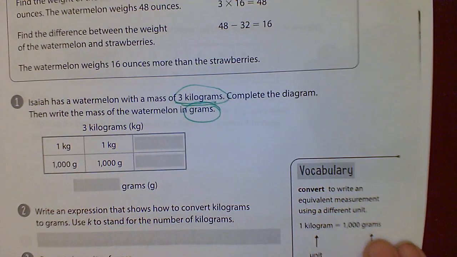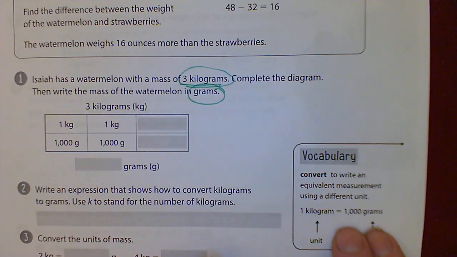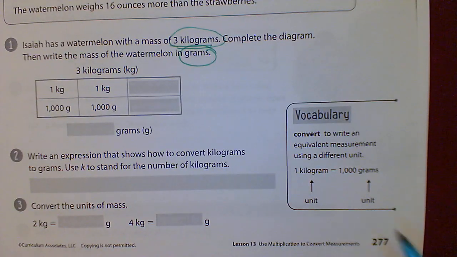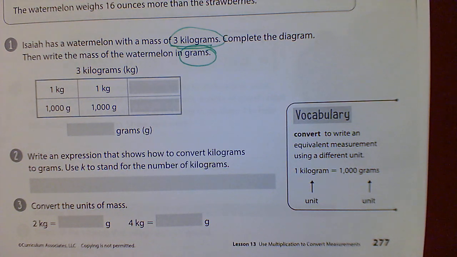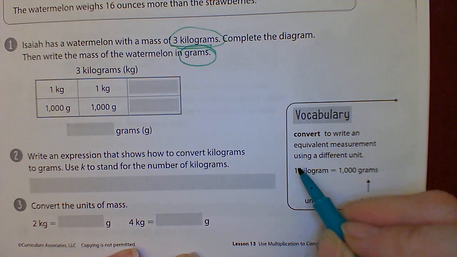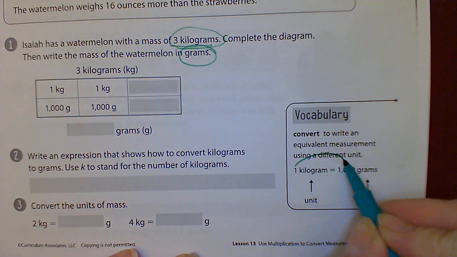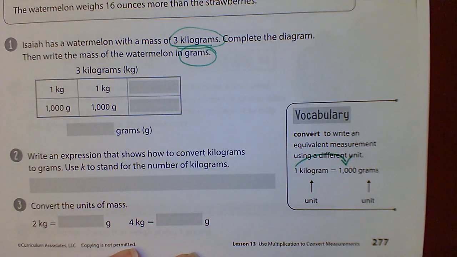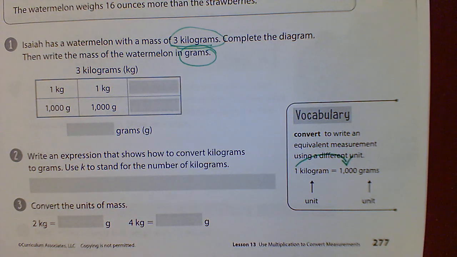And I have this wonderful little key here, conversion. It's telling me how to convert kilograms into grams. Now remember what our secret is, my friends. If I want to know how to turn kilograms into grams, I can say, how would I turn this 1 into 1,000? What would my rule be? Remember, when we're converting units of measurement, we multiply or divide.